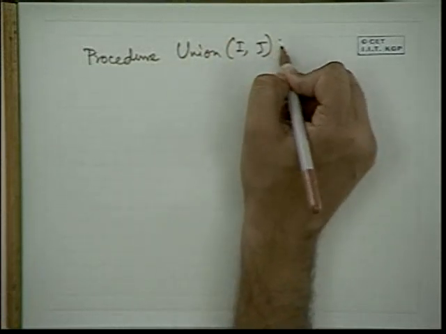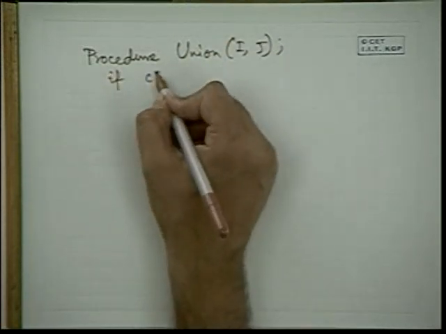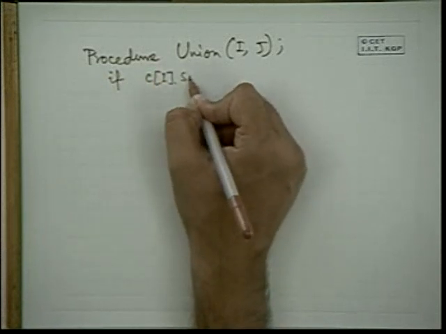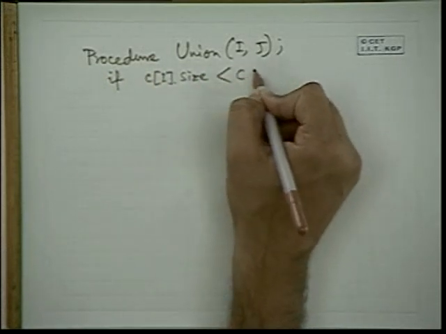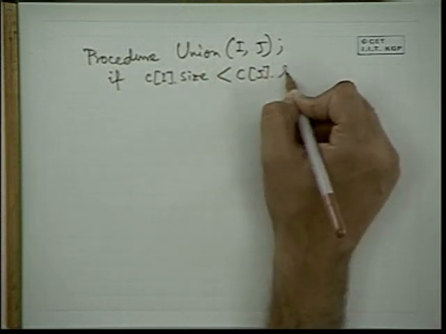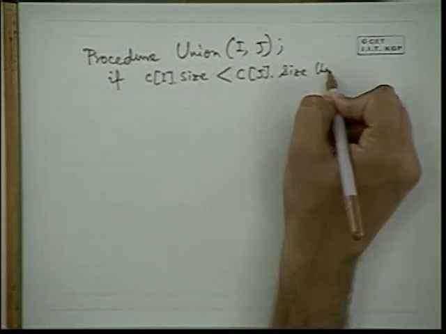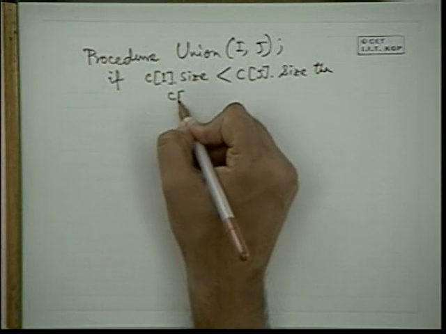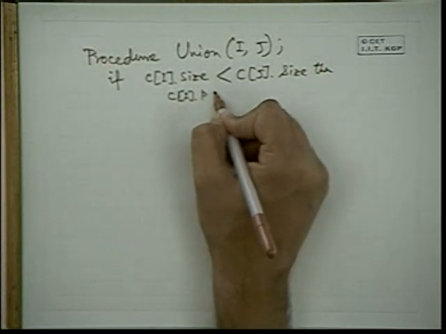Union i j: if Ci dot size is less than Cj dot size, then Ci dot p is equal to j.